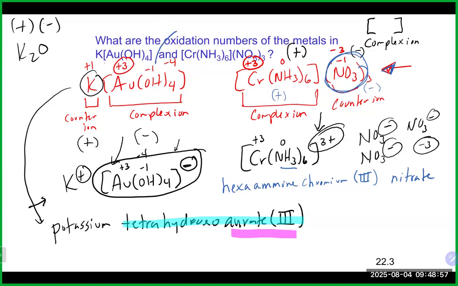Now, for example, if we wanted to know the coordination number of the first one, it would be 4, as each of the hydroxides is monodentate, which means it attaches in one place per molecule. The coordination number for this one would be 6, as each of the ammonias attaches through its nitrogen, and since we have 6 ammonias, 6 nitrogens, the coordination number is 6.